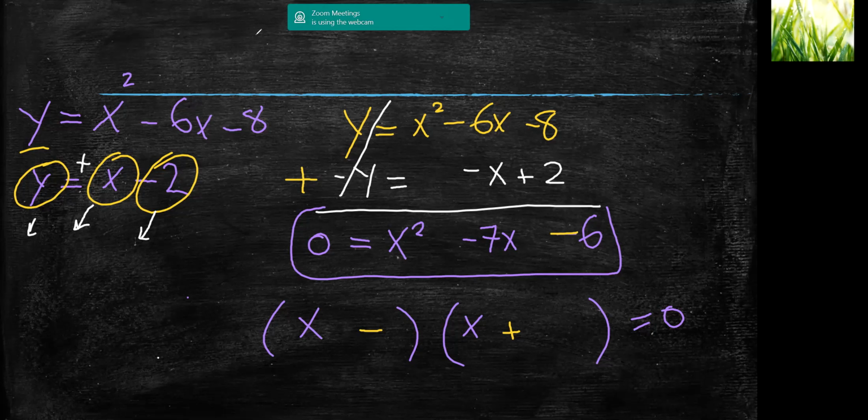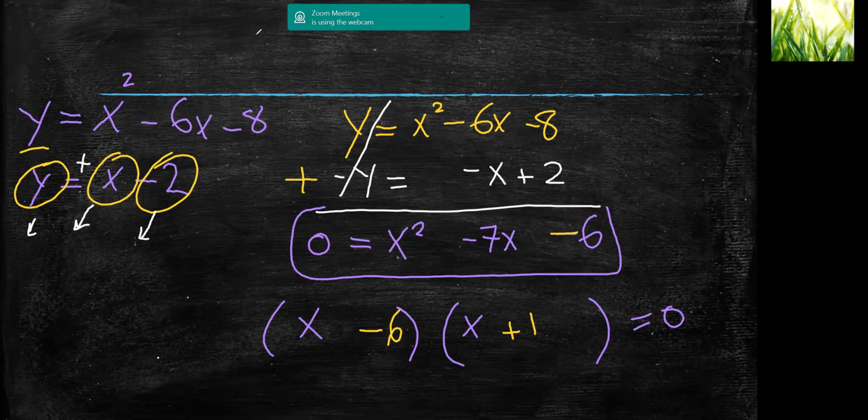So negative 6 and positive 1. But if you add them, do you get negative 7? You will get negative 5.